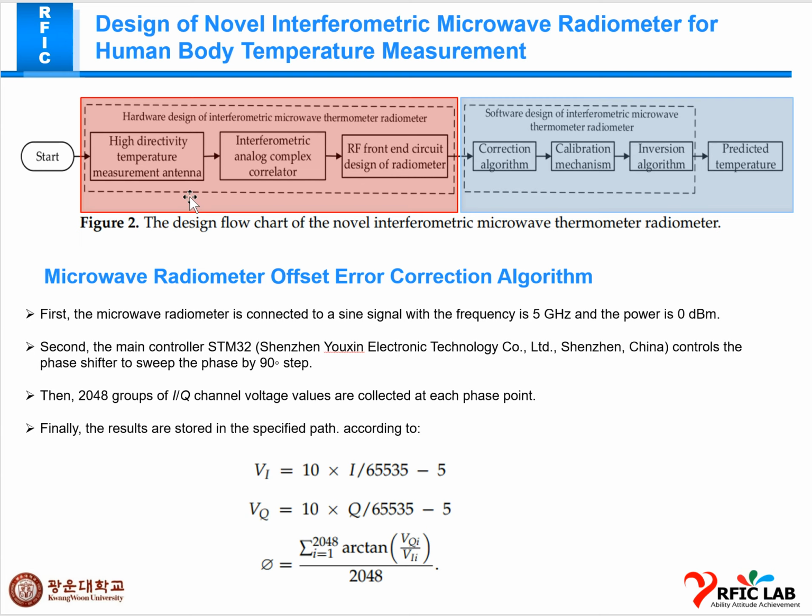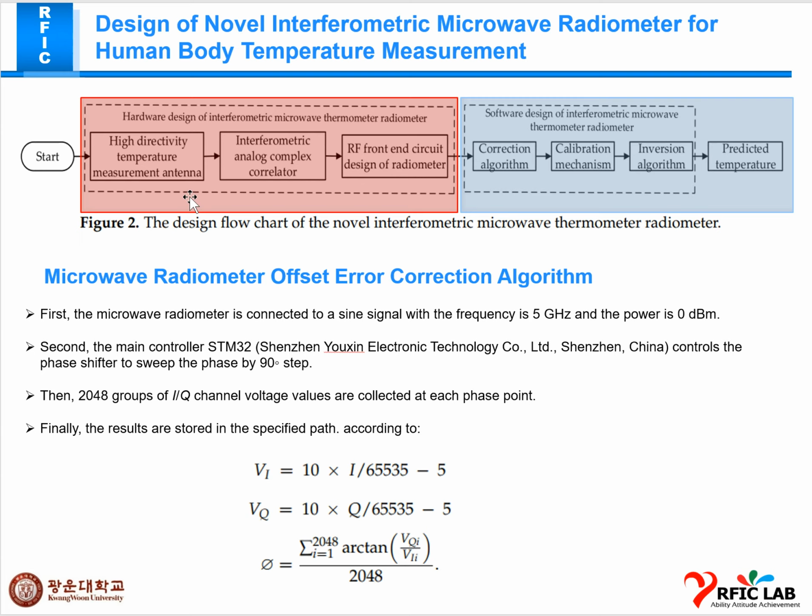Second, the main controller STM32 controls the phase shifter to shift the phase by 90 degree steps, and then a 2048 group of IQ channel voltage values are collected at each phase point. Finally, the results are stored according to this VI and VQ.